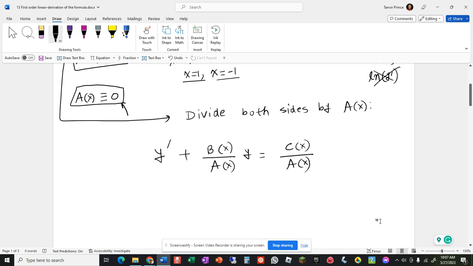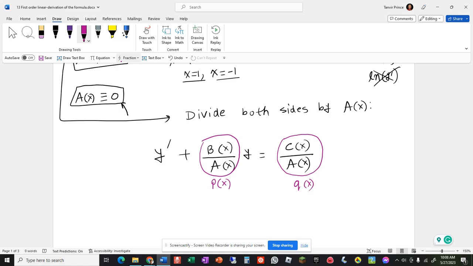Now, b of x divided by a of x is some function of x, so let's just call it p of x, one letter name. Why keep calling it b over a? It's some function of x, just call it p of x. Same idea: c of x divided by a of x is some function of x, just call it q of x.